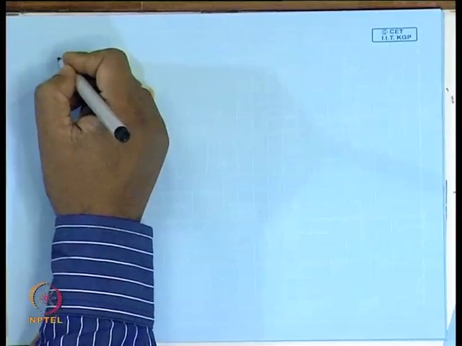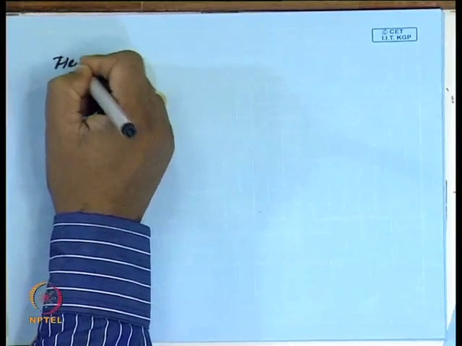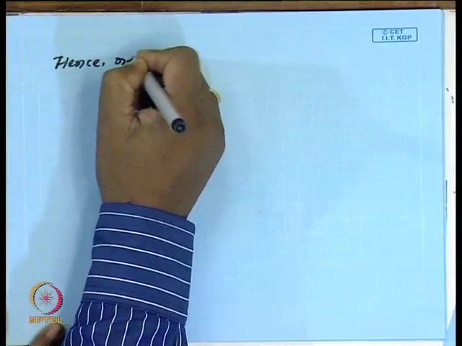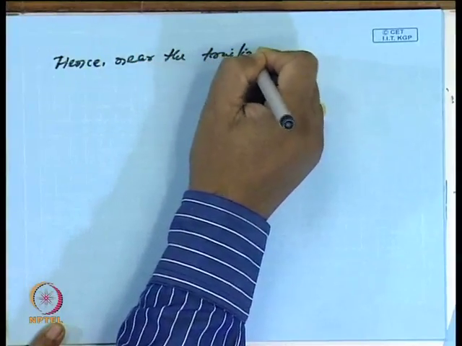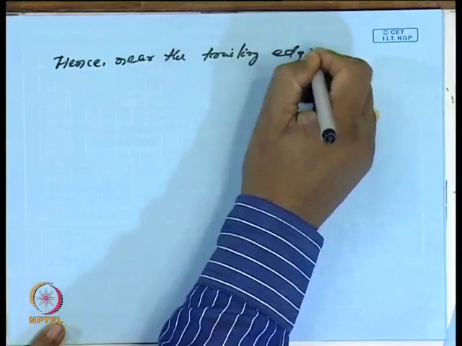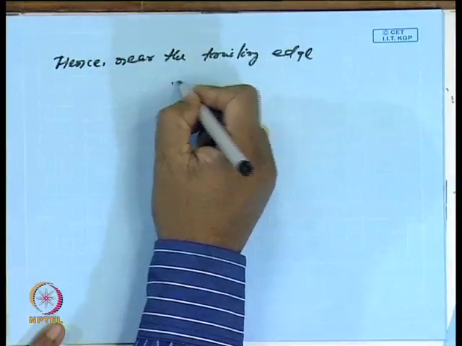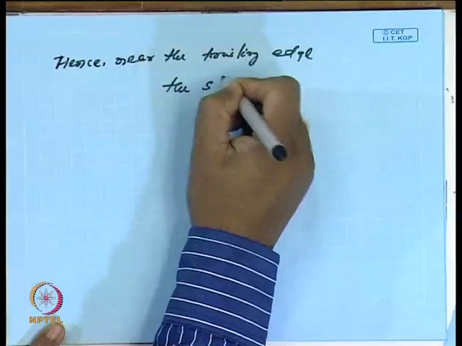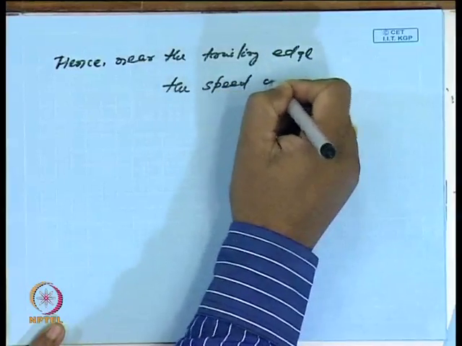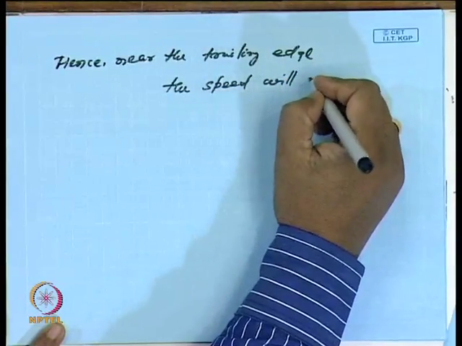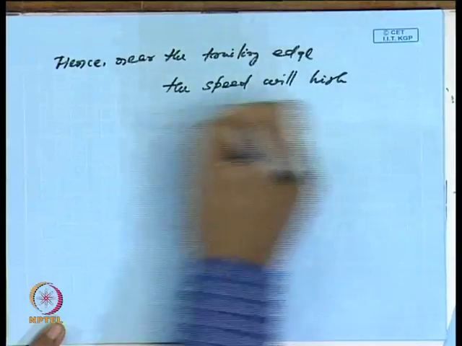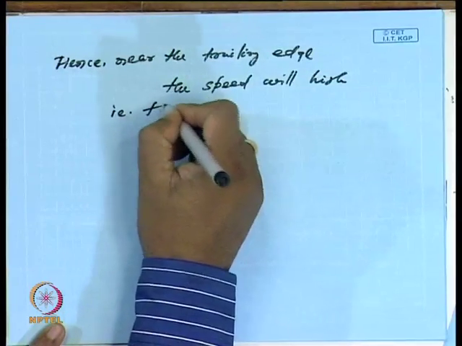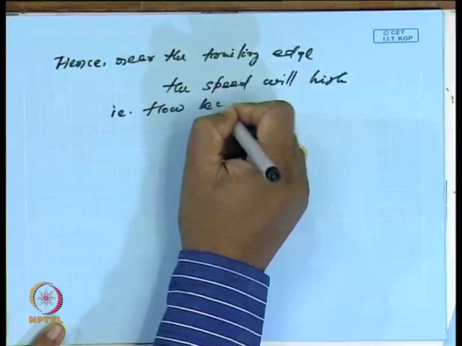Hence near the trailing edge, the speed will be extremely high, the flow becomes singular.